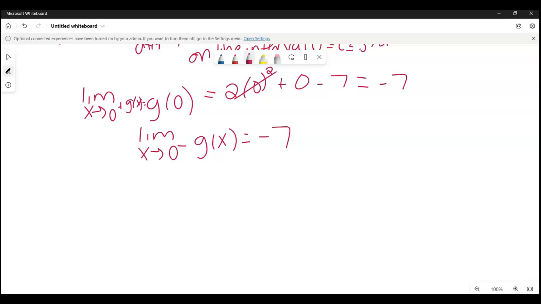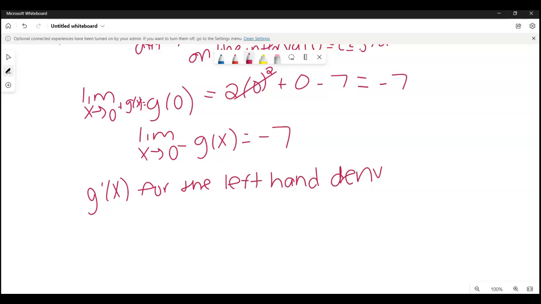So g is continuous, we're good. Now we have to check g's differentiability. So we're going to find the left-hand derivative. So the left-hand derivative would be the top. So you get 4x.